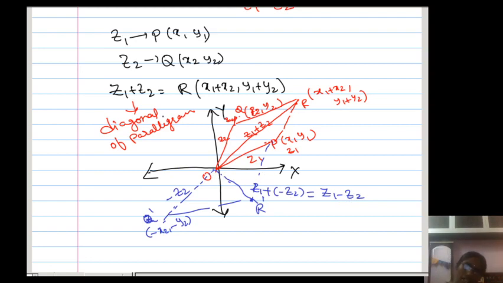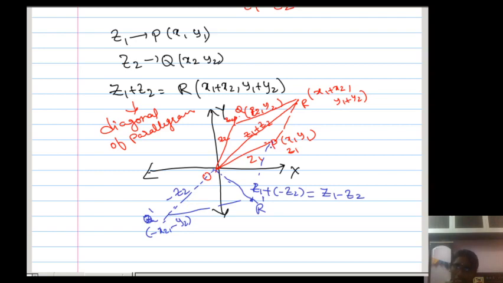See what I am telling here. If you know the addition, indirectly you know subtraction also. Addition of two complex numbers represents a diagonal of the parallelogram formed by those complex numbers. But how do we get subtraction z1 minus z2? First we extend Q2 Q dash, meaning I am taking minus z2, which is in the third quadrant.